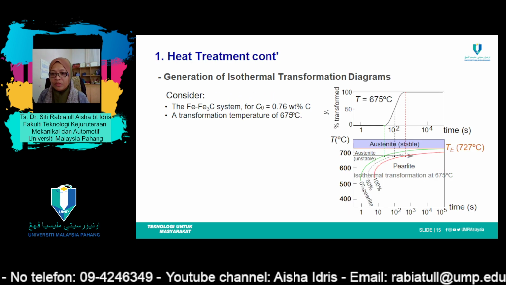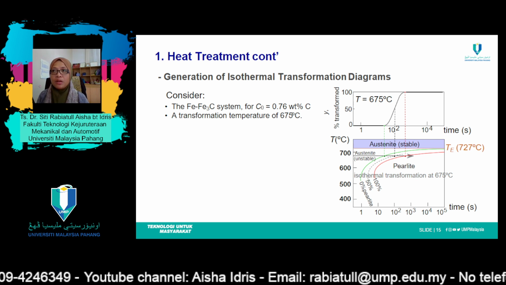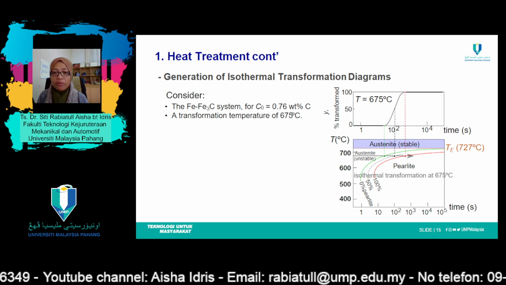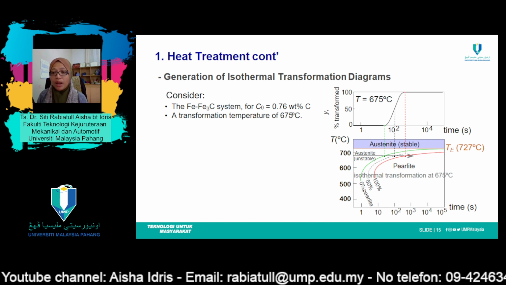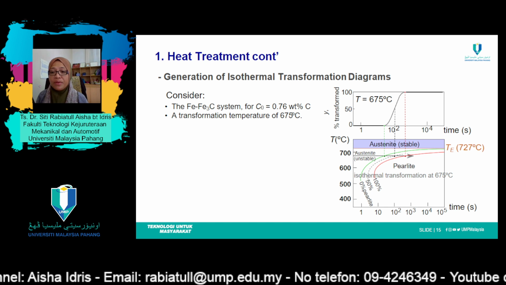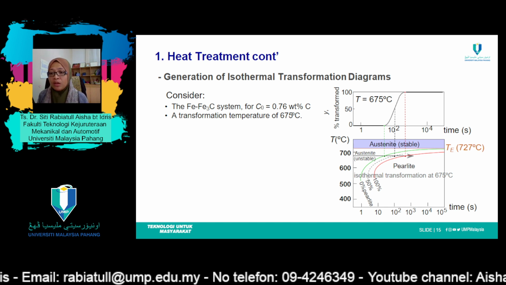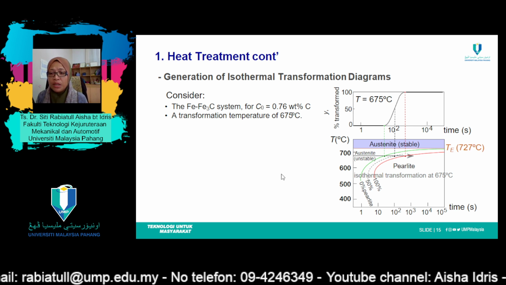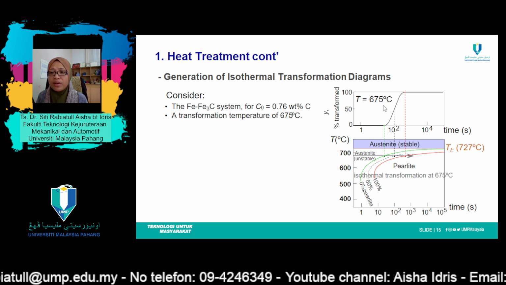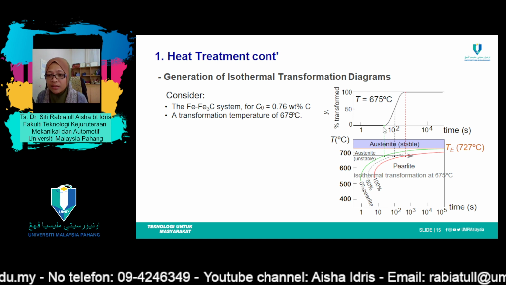So, for example, we use the iron-carbon steel phase diagram, where we use C equal to 0.76% carbon. If you notice here, the cooling temperature reaches 675 degrees C and is maintained at that temperature.